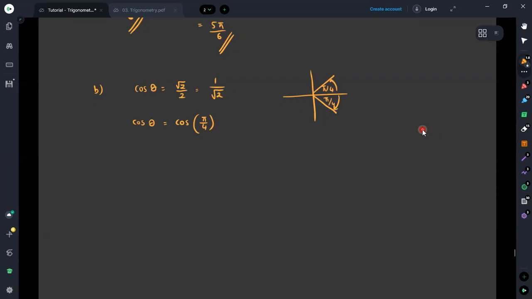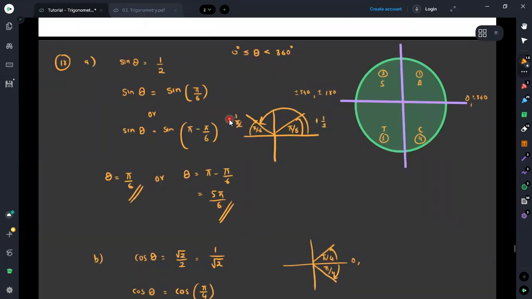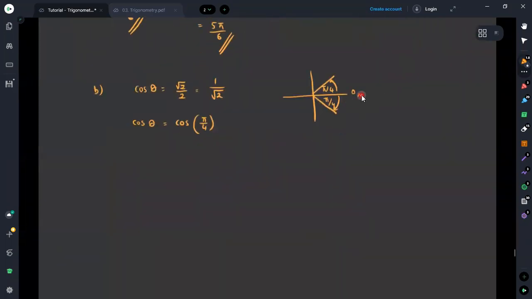Therefore, we can say cosine theta equals cosine π over 4 if it is measured from 0. And the next one is if you are measuring it from 2π in the other way around, we will get the same value. You have to measure the angle always starting from 0, therefore we need to take this value. Apart from taking this value, we can consider it as 2π minus this quantity.